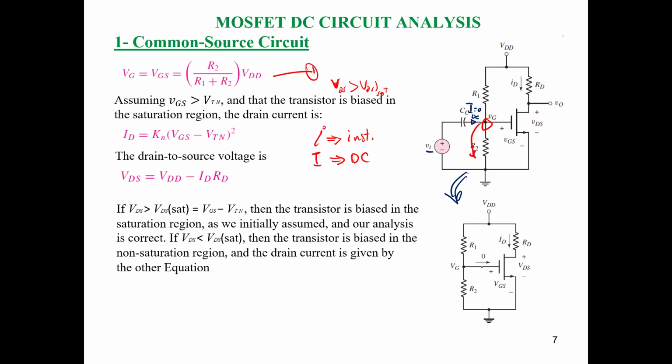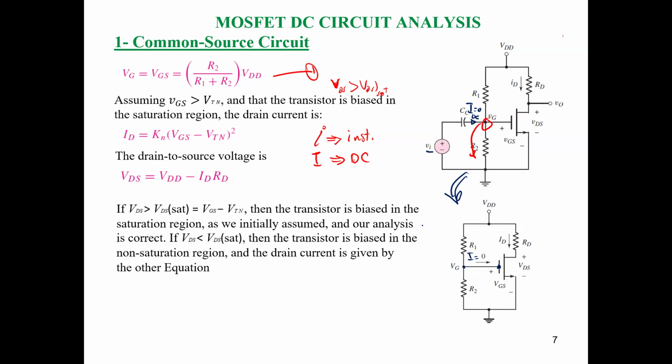So zero current will flow to the gate, which means no current is flowing here, but the gate will have the same potential as this point VG. And here we have I equals 0 in this branch. So no current will flow here from any DC source, and only VDD will supply a current in our circuit here.